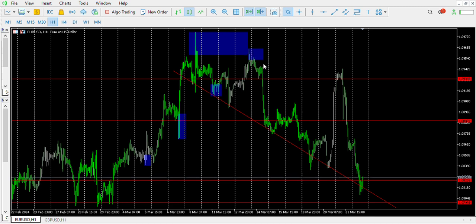This flag is a supply zone. It entered it here and put in the reversal pattern that I traded here, and there, and there, which is the same price action I always trade. So it put in that reversal pattern and came all the way down here. So this morning is where I saw this trade.